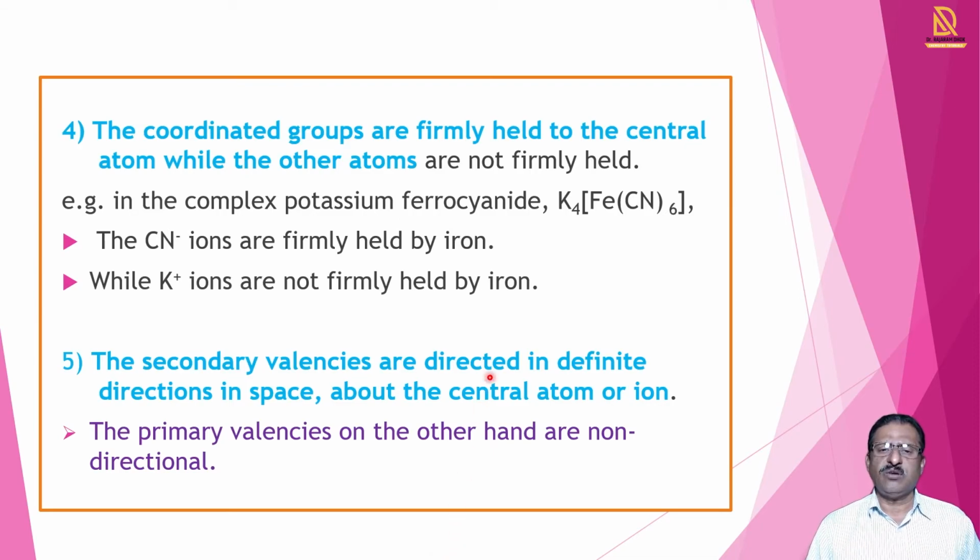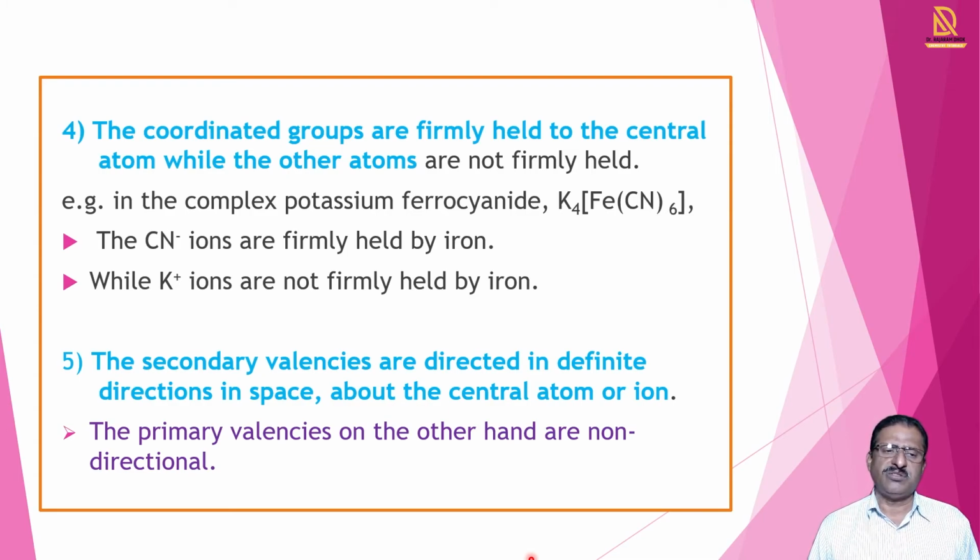The coordinated groups or coordination valencies are firmly held to the central atom, while the other atoms are not firmly held. This means the secondary valency is firmly and directly attached, but primary valencies are not directly attached, they are indirectly attached.